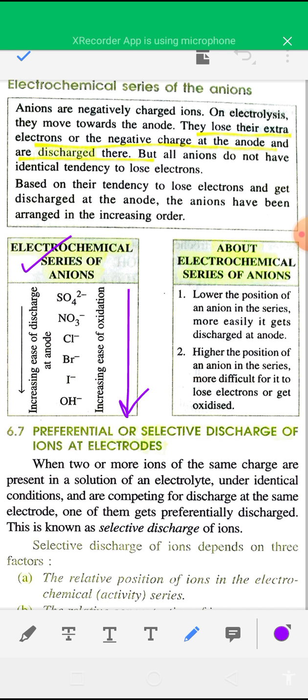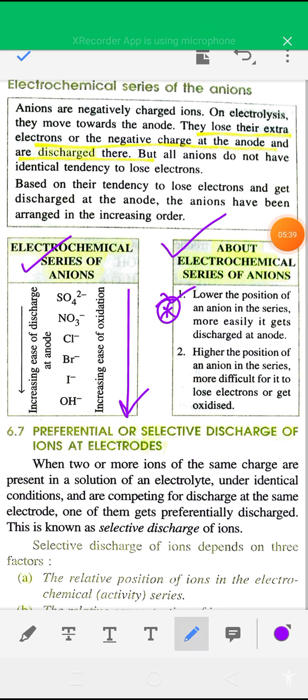So about the electrochemical series of anions given here: the lower the position of an anion in the series, the more easily it gets discharged at the anode. Very important point, and this point will be used in electrolysis. And the higher the position of an anion in the series, the more difficult it is for it to lose electrons or get oxidized.